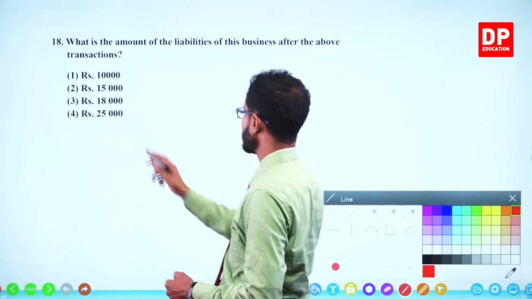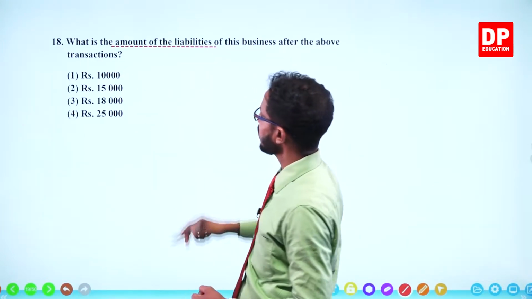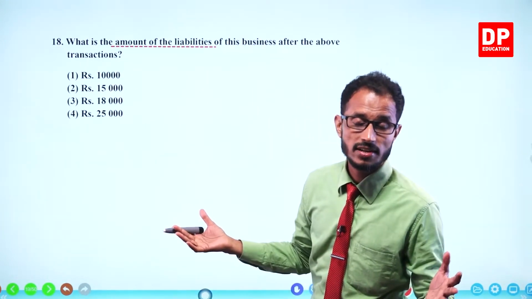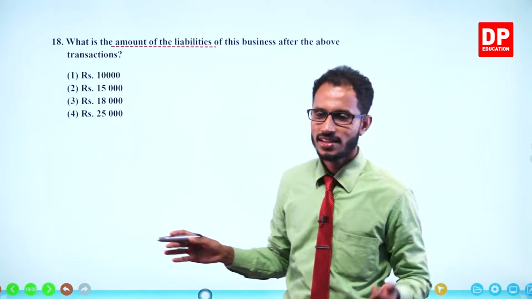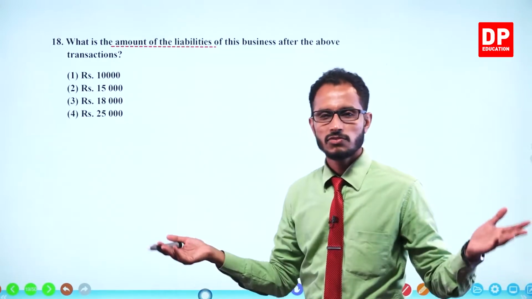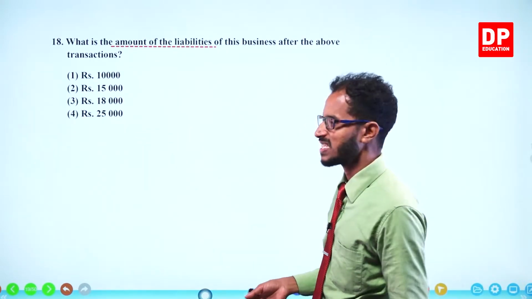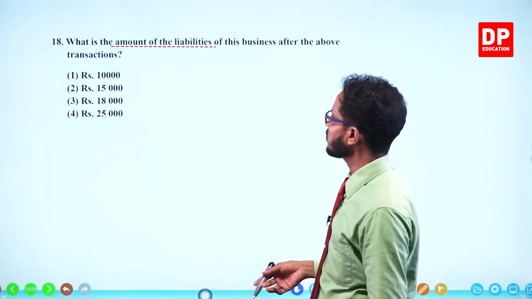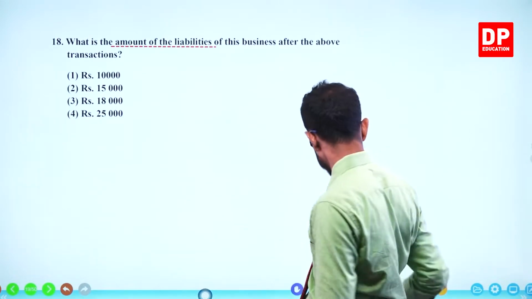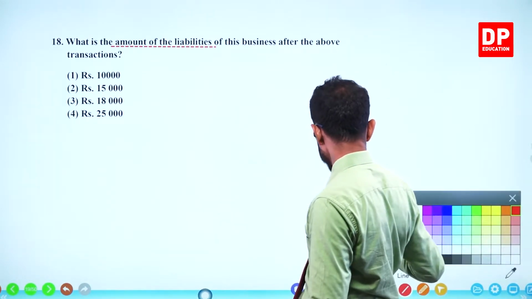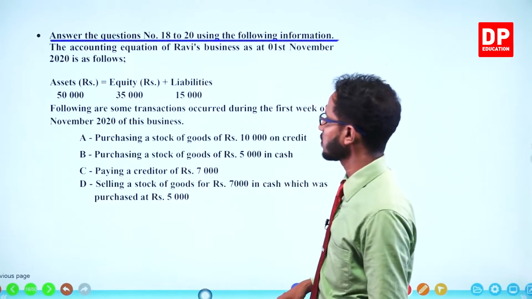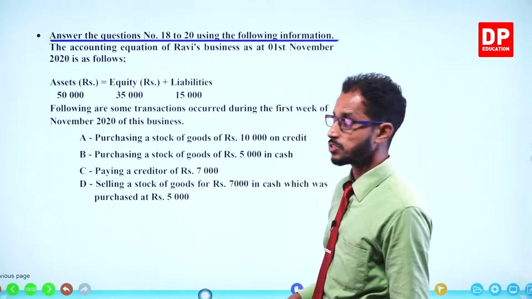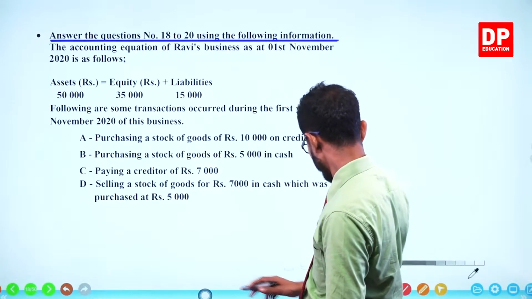I normally use red for liabilities, because red represents risk. Liabilities should be paid back. So we look at the amount of liabilities after the above transactions have taken place, and here we have the set of transactions.